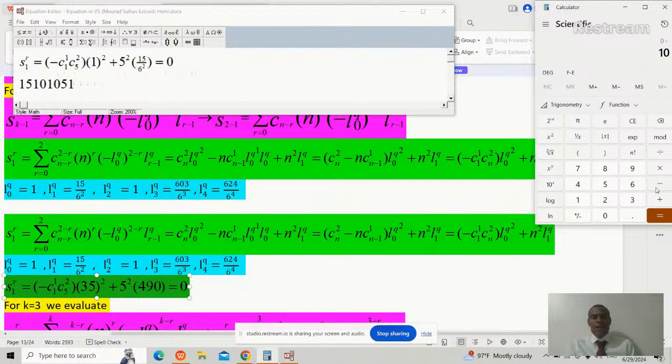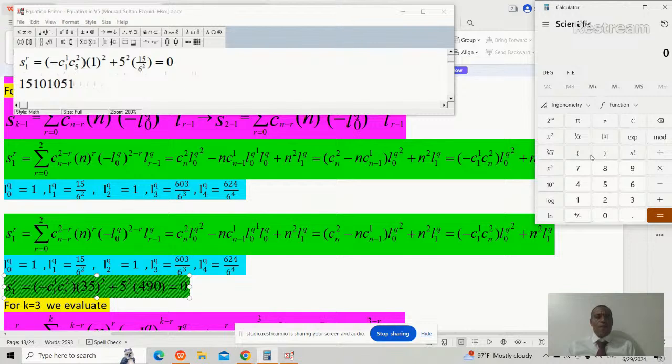Plus 5 squared, multiplied by 15 divided by 36 in parentheses. This is equal to about 10.83. I'll repeat this: 6 squared should appear first, so I will ignore the decimal number.